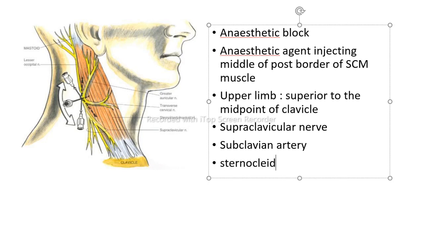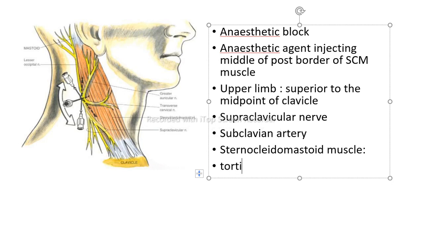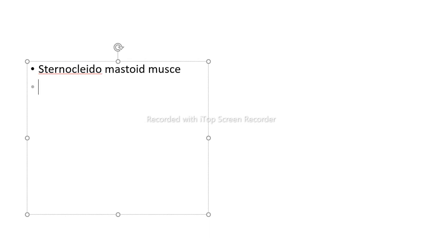Applied anatomy related to the sternocleidomastoid muscle: wryneck or torticollis.